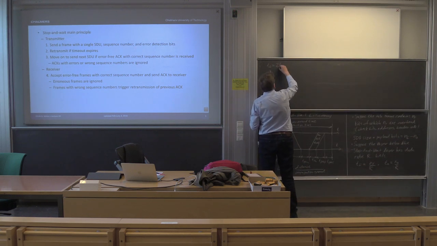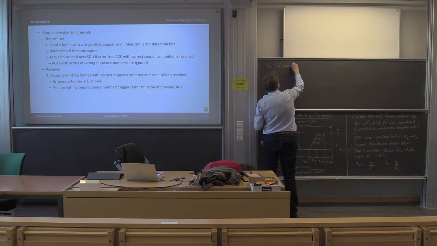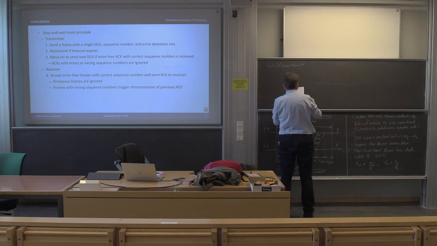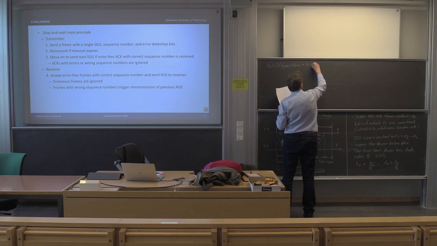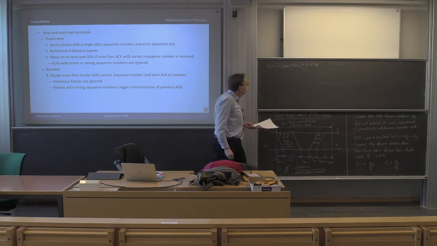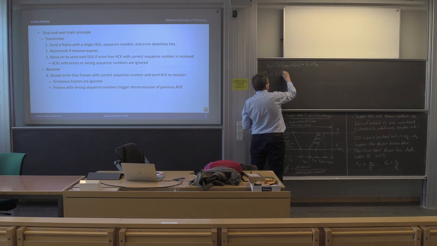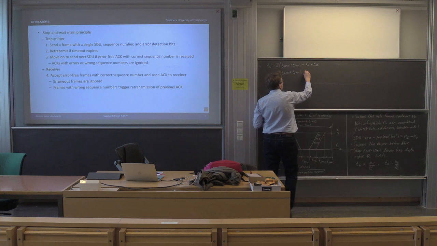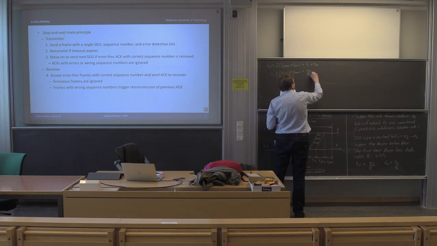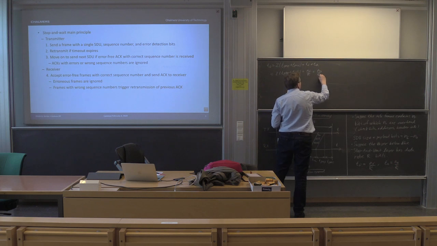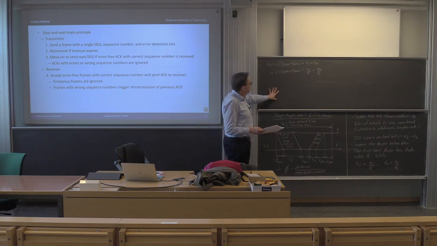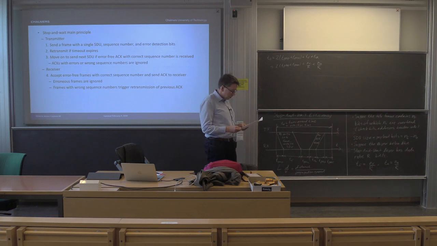So it's 2 times Tprop plus Tproc plus TF and TA like this. Okay. And we just calculated what TF and TA is in terms of the size of the information frame in number of bits and the size of the acknowledgement frame in bits. Okay.